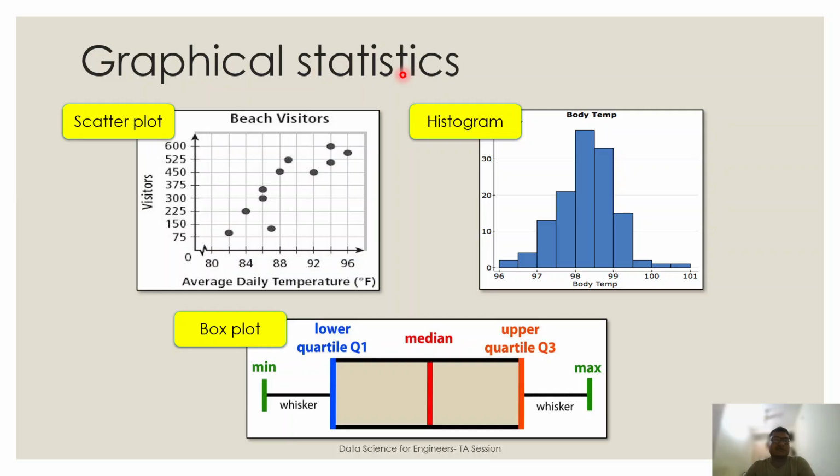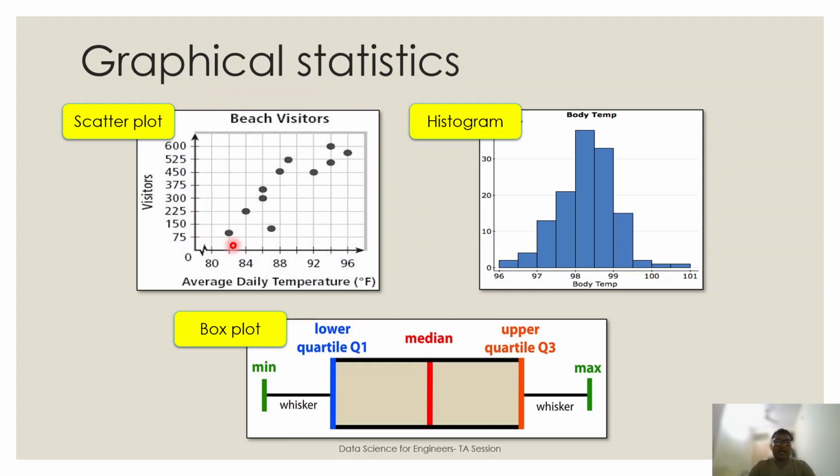So graphical statistics. Let's consider a beach in Goa. This is the average daily temperature, in degrees Fahrenheit, not degrees Celsius. And this is the scatter plot of how many visitors there are.